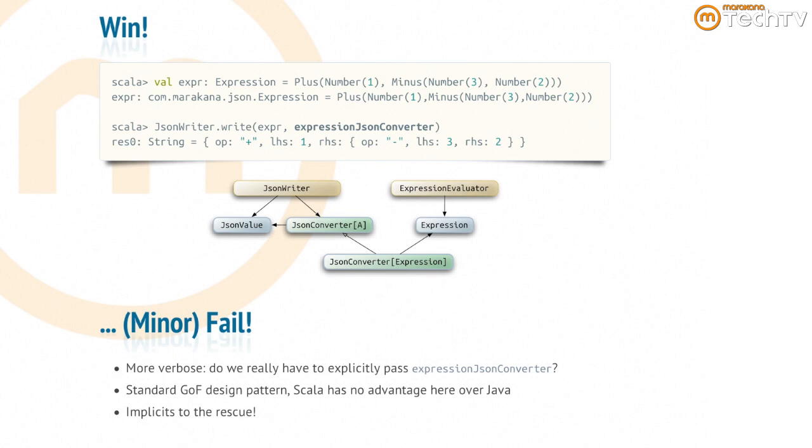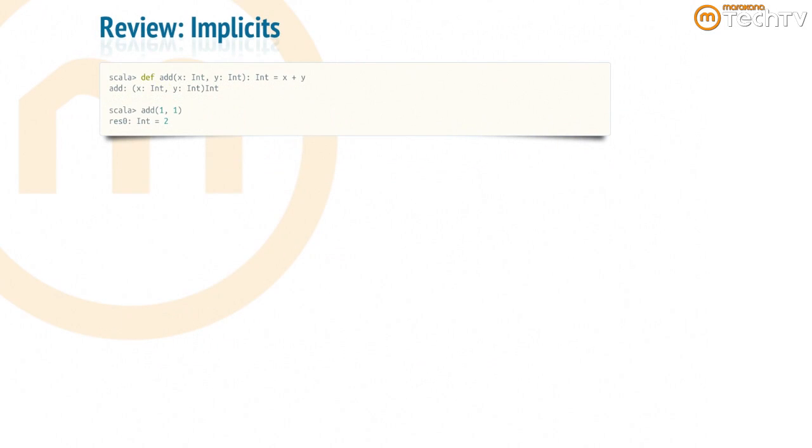So here's where we're going to see Scala's expressive power using implicits. So just a quick review for anybody who needs a quick brush up on how implicits work in Scala. I'm going to go into my Scala interpreter here and just define a quick add method. It's going to take two arguments, x and y, and add them. So nothing too special.